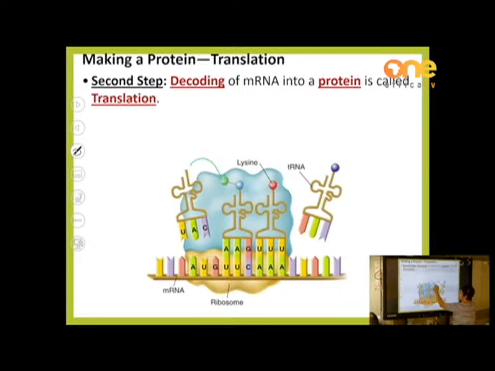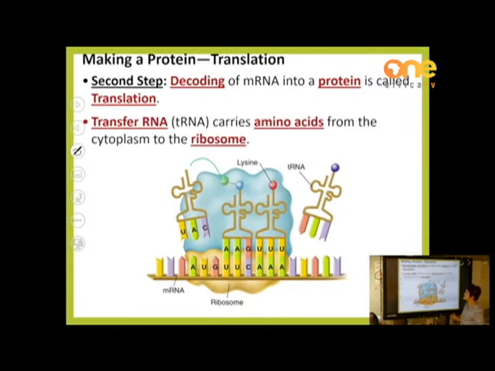And there I will then have a specific sequence of amino acids which will form a polypeptide string. That is translation. The mRNA coding for a specific tRNA with its attached amino acid that will be sequenced inside the ribosome. That will be called translation.